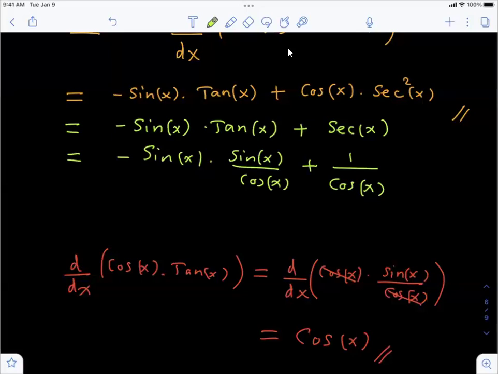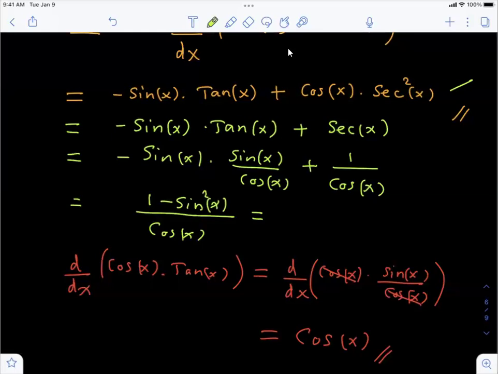Now, if you simplify this, you get the common denominator of cosine x, and you have 1. I will write this 1 in front, 1 minus sine x times negative sine x, that is negative sine squared x.